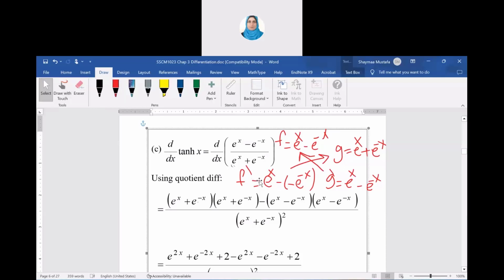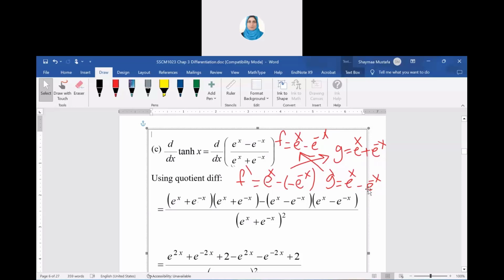So the derivative for f is e^x, minus minus becomes a plus e^(-x), multiplied by g, which is e^x plus e^(-x), minus the derivative for g times f.